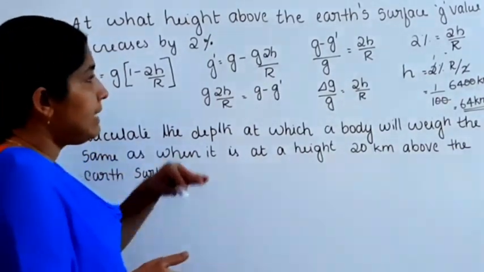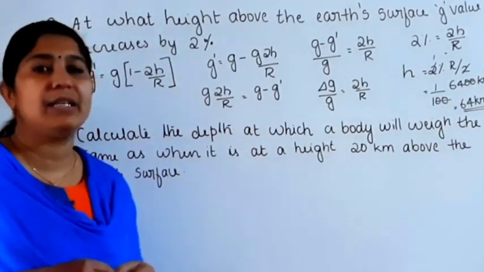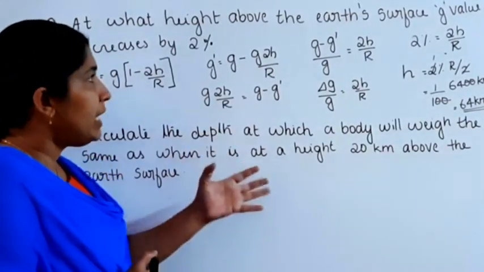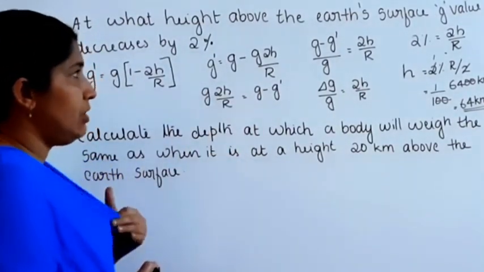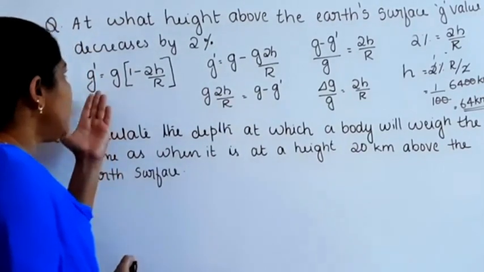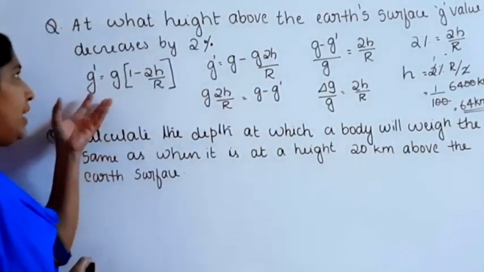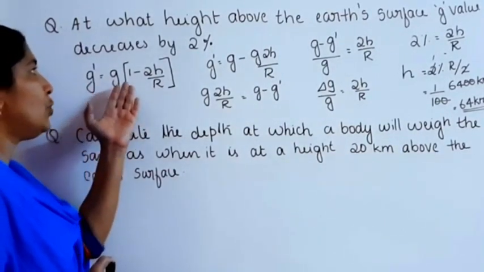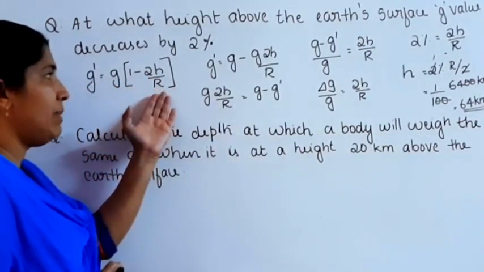When height increases, the value of acceleration due to gravity decreases. To find the acceleration due to gravity at a height, we can use the equation g dash is equal to g into 1 minus 2h divided by r.